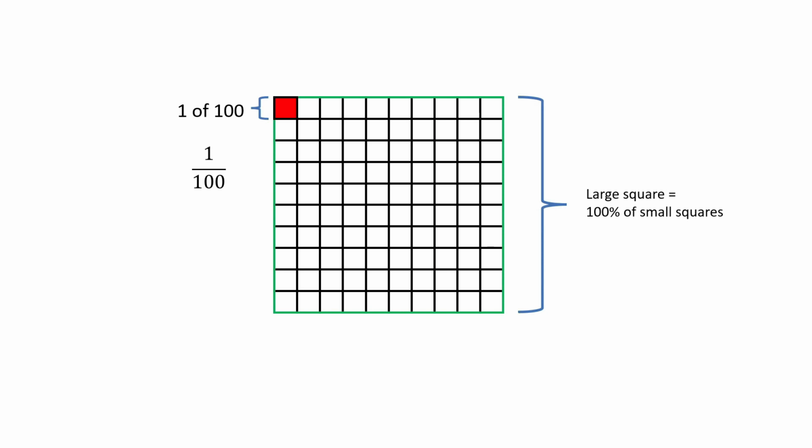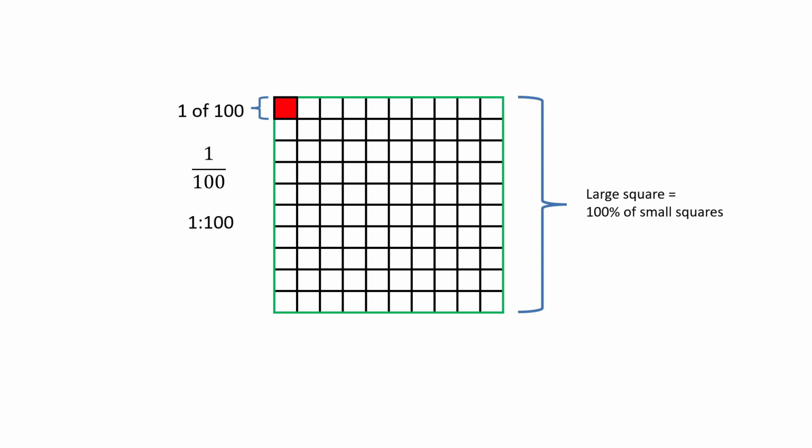And we've also seen this as a ratio, 1 to 100. So try to think about this as scale even. If you look at that red box, it is 1/100th the size of the entire box. That's really what we're saying. It's 1/100th, 1 over 100, or 1 of 100 pieces.